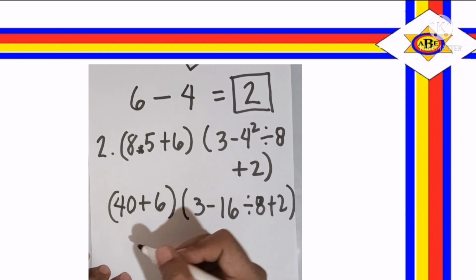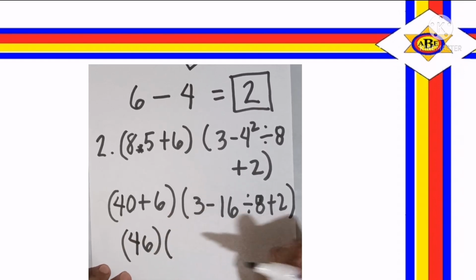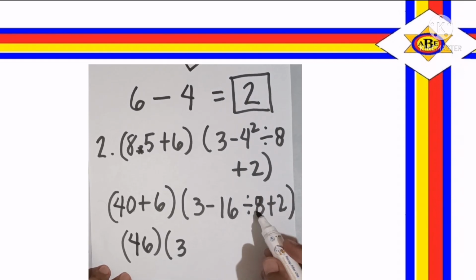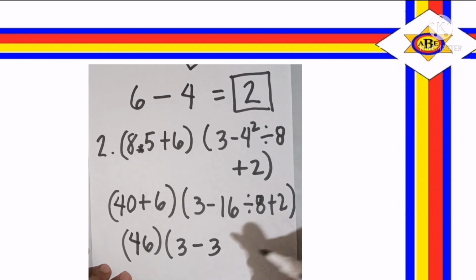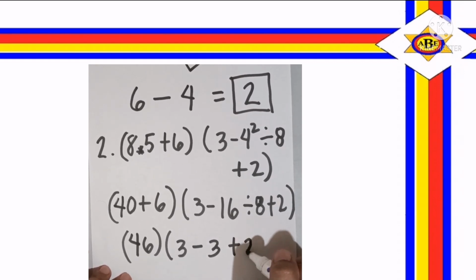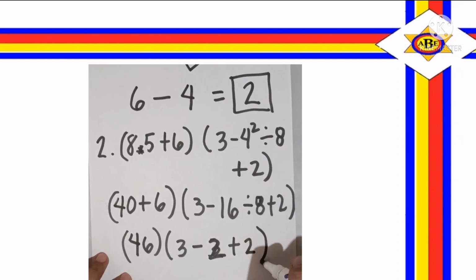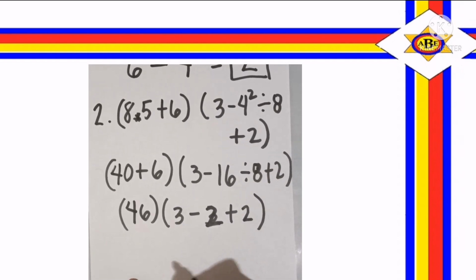This will be 46. Times, so copy the 3. So 16 divided by 8, that is 3 plus 2? Oh, this is 2, sorry. So 16 divided by 8 is 2. Okay.